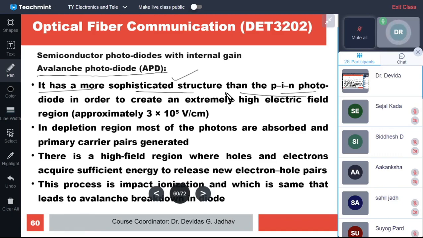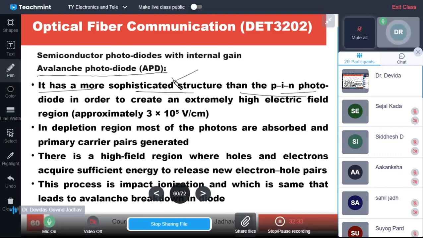The intrinsic region is provided an electric field, and the depletion region is provided a very high electric field, and it works as a gain region. So this very sophisticated structure is developed compared to the PIN diode.